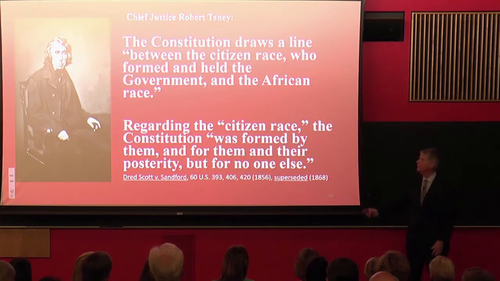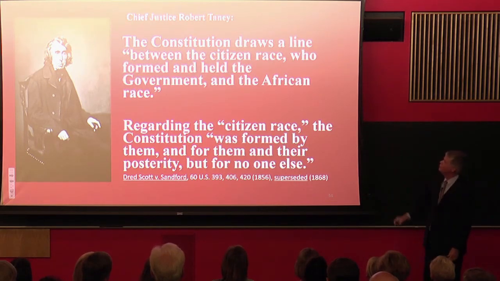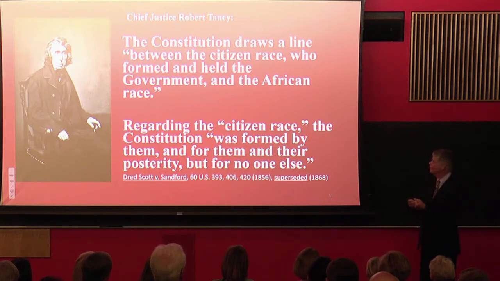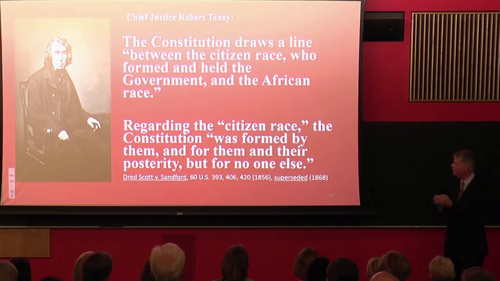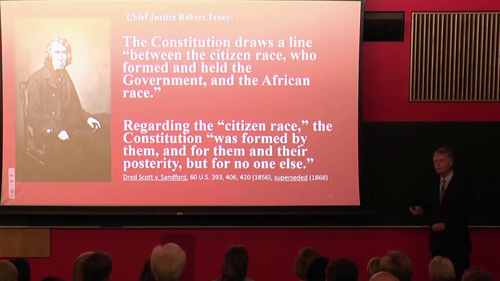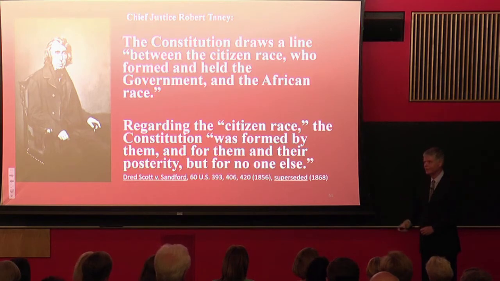Why? Because the Constitution draws a line between the citizen race, who formed and held the government, and the African race. Regarding the citizen race, the Constitution was formed by them and for them and their posterity, and for no one else. And folks, I think there are people in the United States who still think this way.